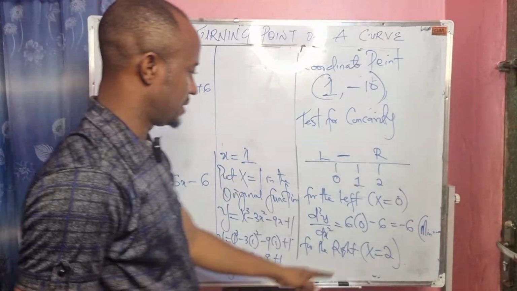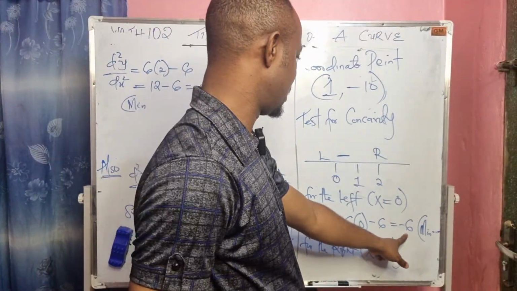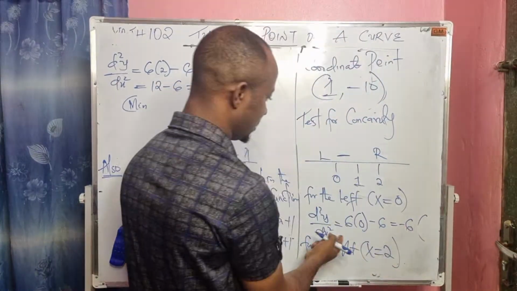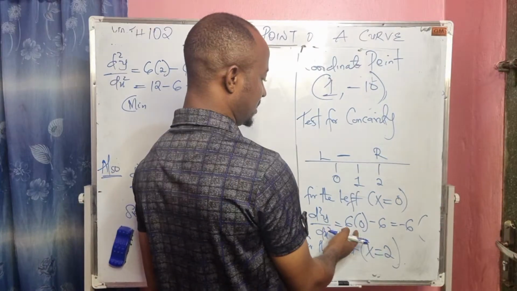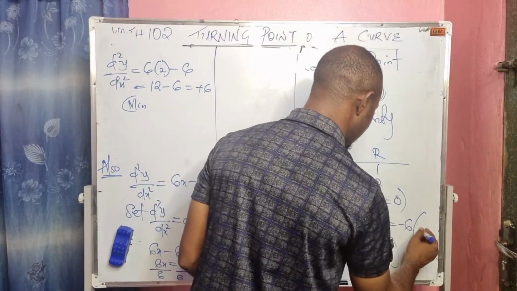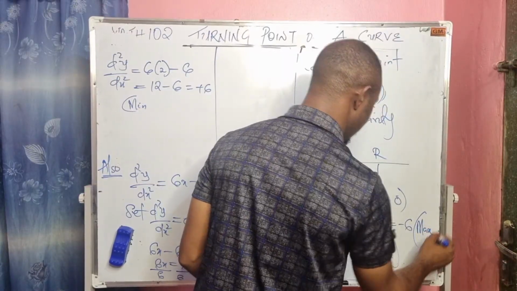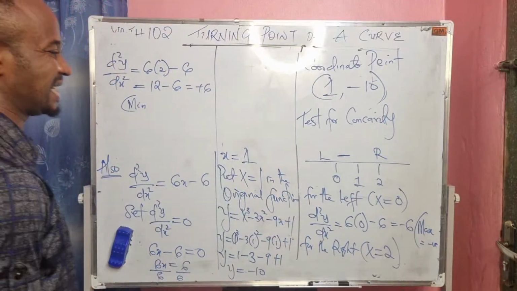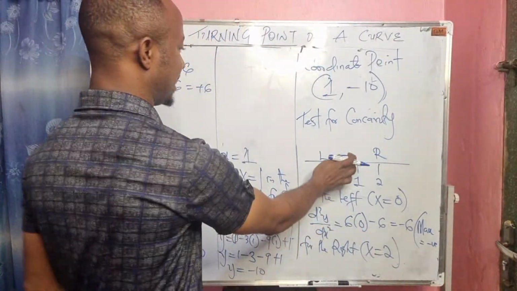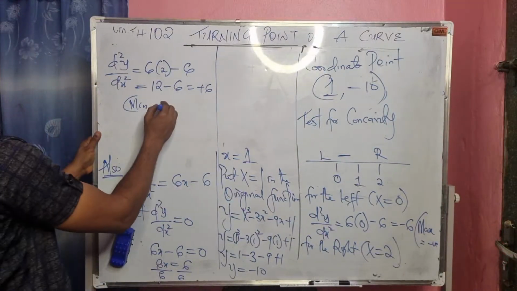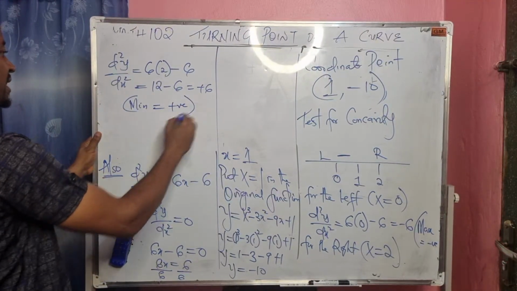Sorry, minus 6 is the maximum. I'm sorry for that. 6 times 0 is 0, minus 6 is minus 6. Minus 6, which is negative, is actually maximum. The main thing is that the sign on the left-hand side is negative. Let's verify this. The sign here is positive. That's the main thing.